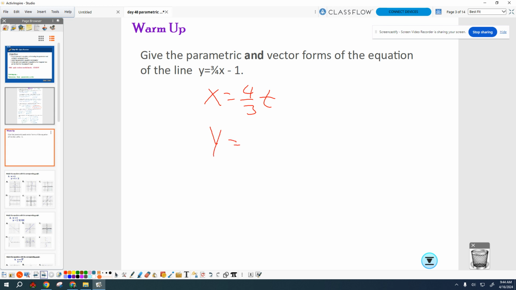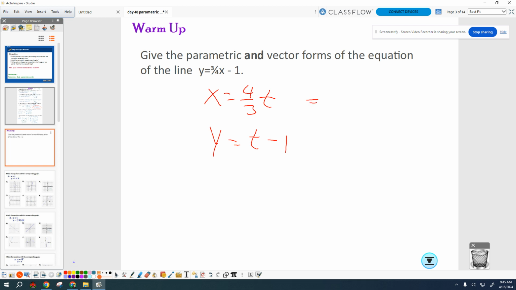Where are those numbers coming from? I don't know. What is the t? Does that work? So where are those numbers coming from? Let's see if solving for t works.